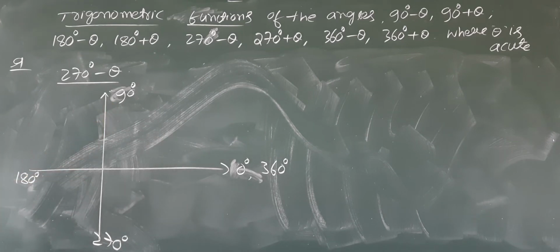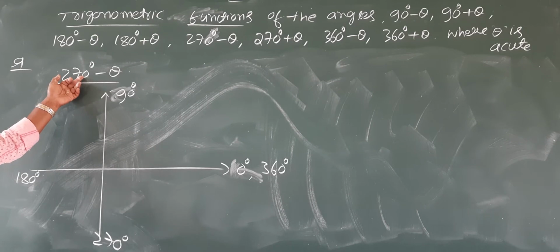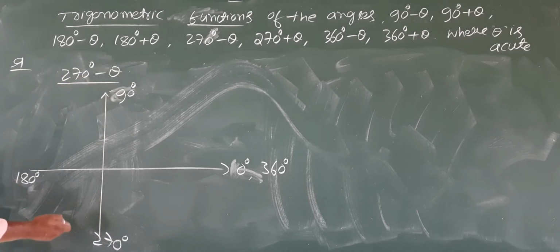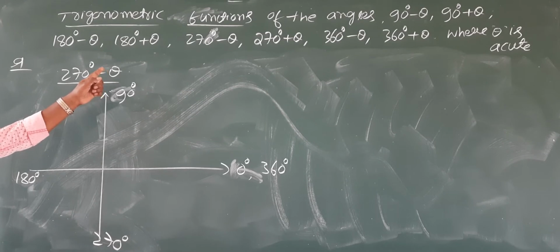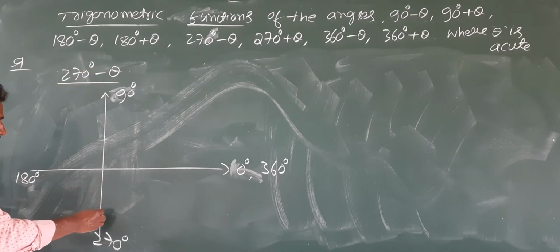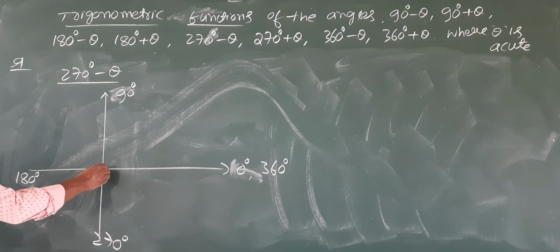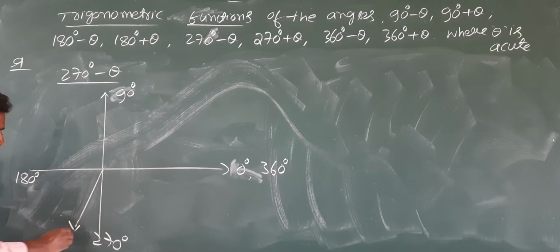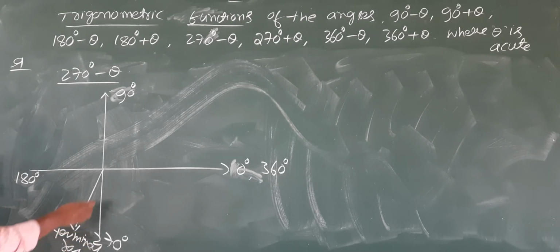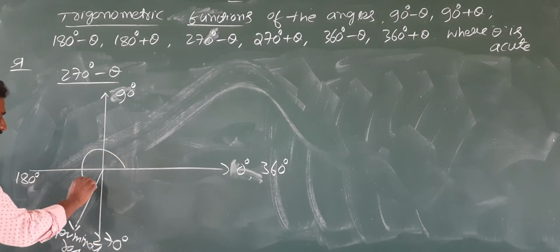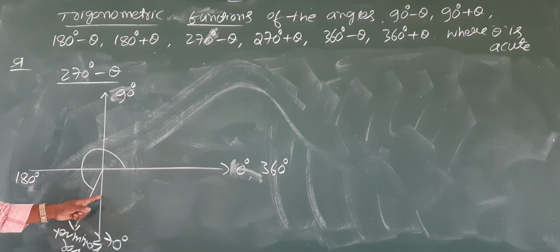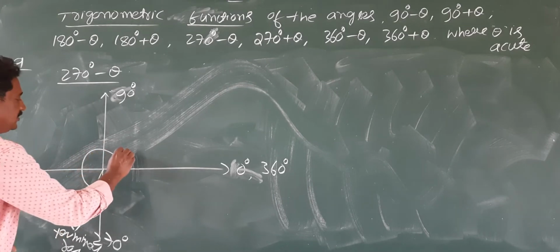You subtract theta from that 270. So how much should I go back? I should go back by theta. So this is 270 minus theta. This is the terminal ray.